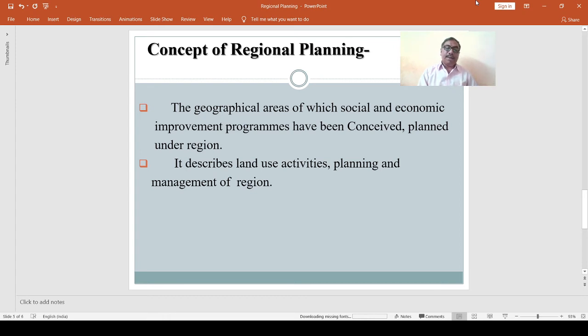Planning region implies a regional unit most suitable for the purpose of regional planning. According to Taylor, planning region is that unit of area which is distinguishable from another area by display of some unifying characteristics of its own.